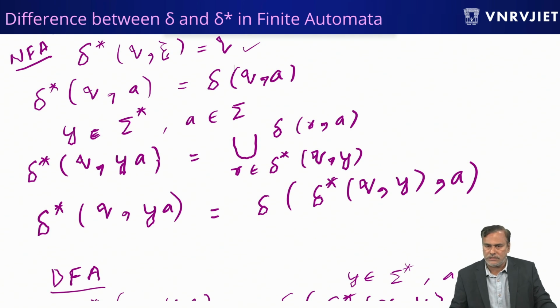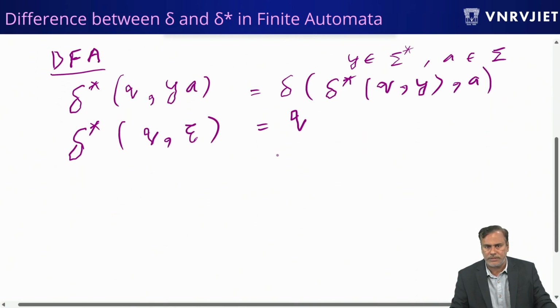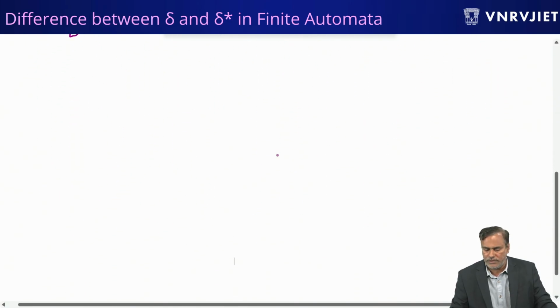And you know the basic difference between NFA and DFA. In the transition table of an NFA you will have multiple entries, therefore you have this union in the definition of NFA. Whereas in the case of DFA, the transition table will consist of single entries. Therefore, you are not going to have this union with respect to DFA.